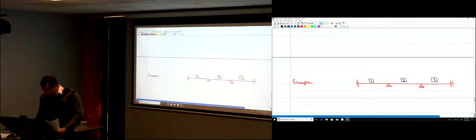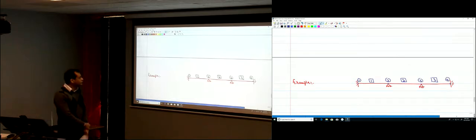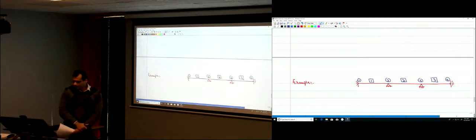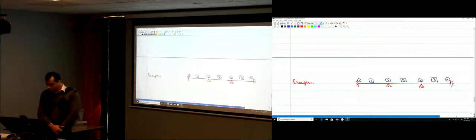How many nodes do we have here? 4. This is node 1, node 2, node 3, and node 4. We're labeling them with the same numbers 1, 2, 3, 4, but we're putting them in circles. So we have 4 nodes and 3 elements in this problem.